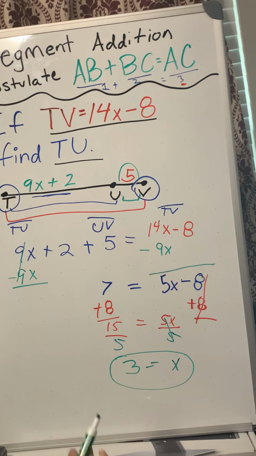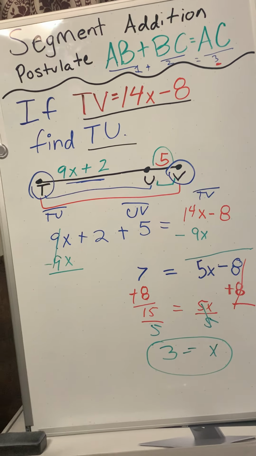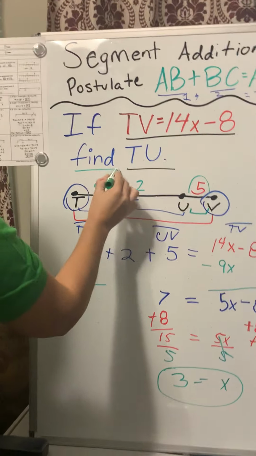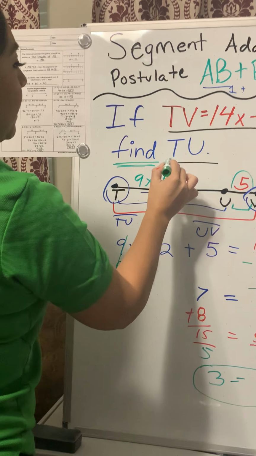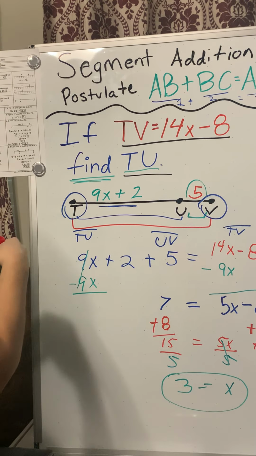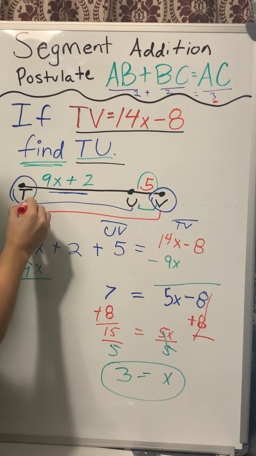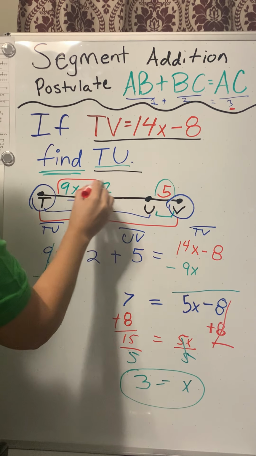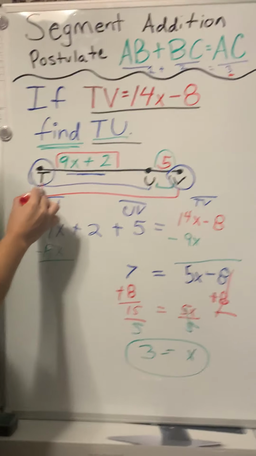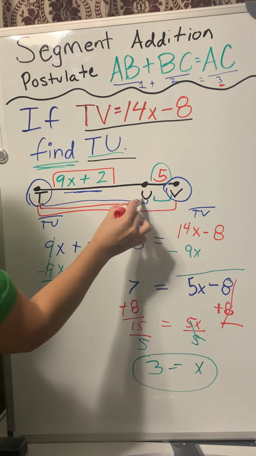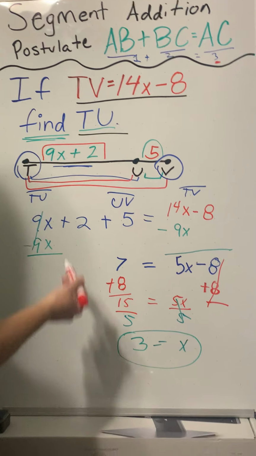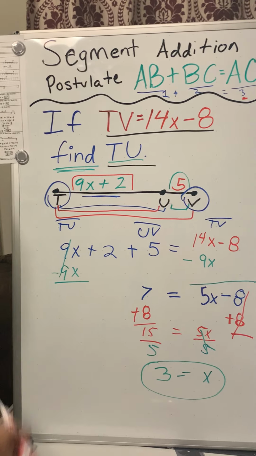Okay, we're not done here though. The problem was asking us for TU. It says find TU. So TU is 9x plus 2, point T to point U. We know x equals 3, so what are we going to do?